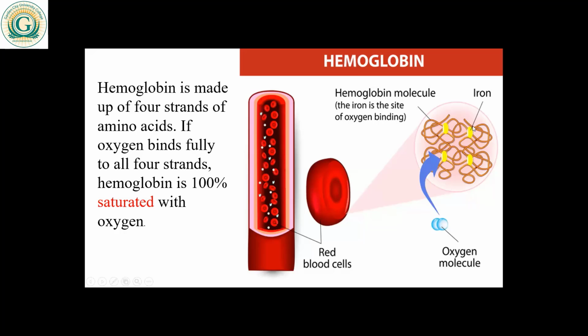Each of these strands has a binding site made of iron. So this iron is where oxygen binds. So when you take 1 hemoglobin, it will be able to transport 4 molecules of oxygen.